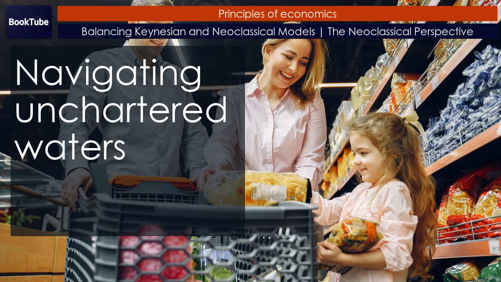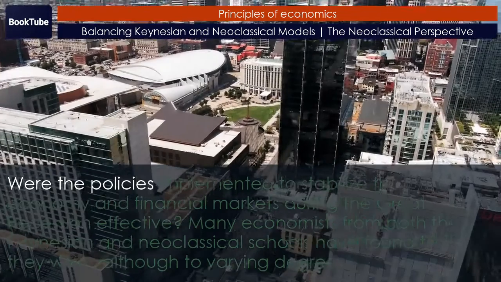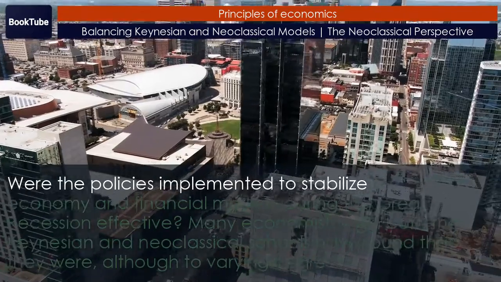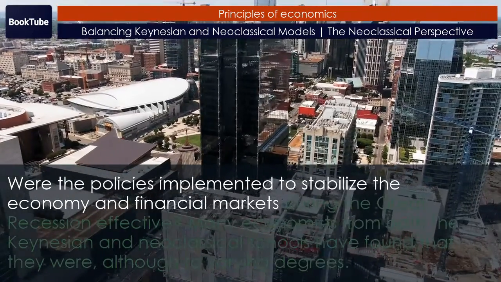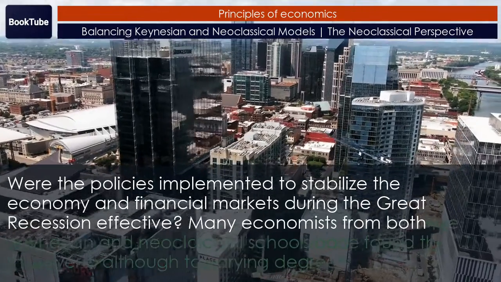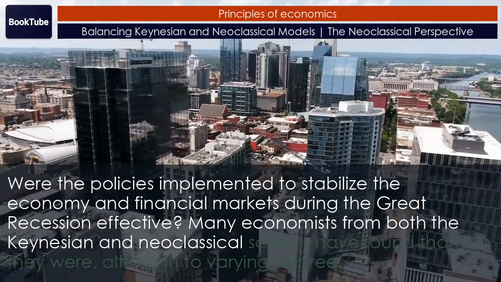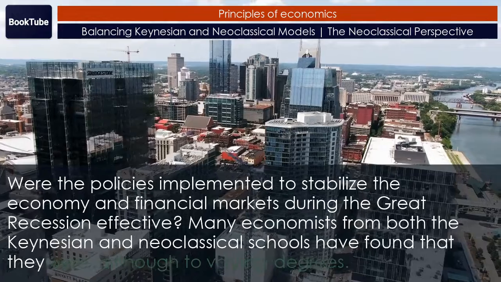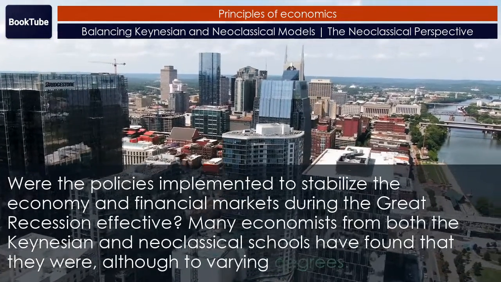Navigating uncharted waters. Were the policies implemented to stabilize the economy and financial markets during the Great Recession effective? Many economists from both the Keynesian and neoclassical schools have found that they were, although to varying degrees.